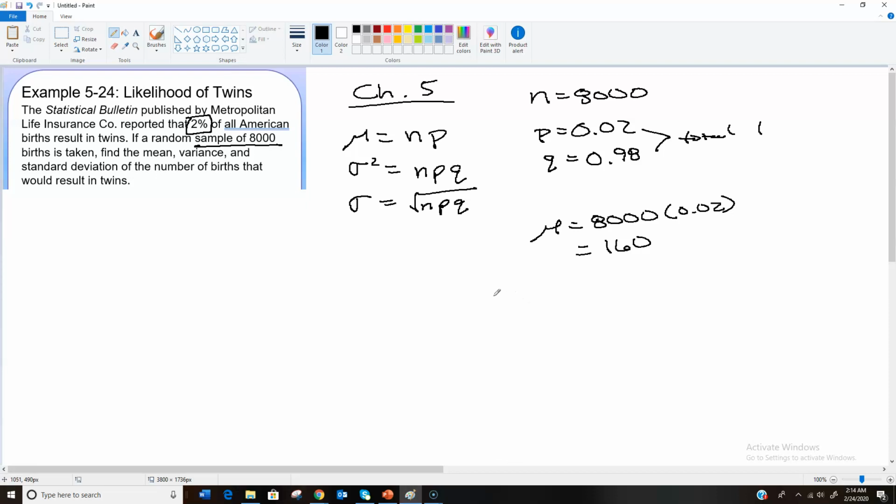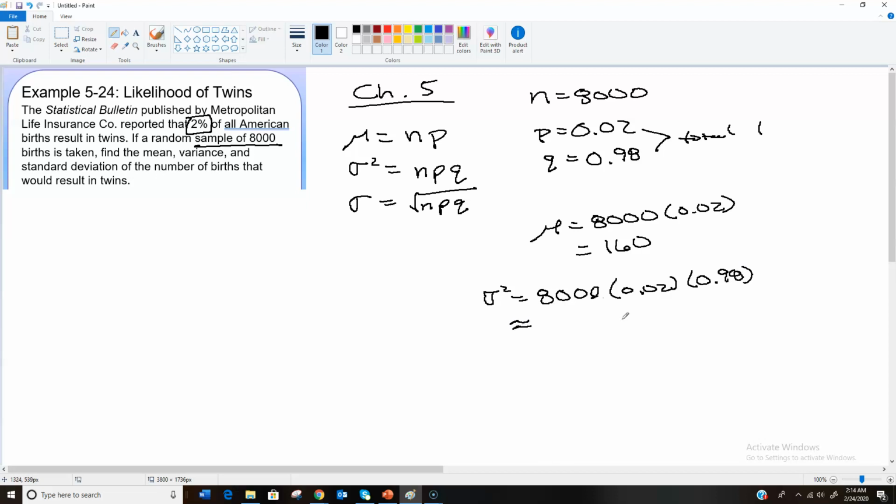Now if we want to do the variance, all we do is the same calculation, 8,000 times 0.02 times the q, which is 0.98.